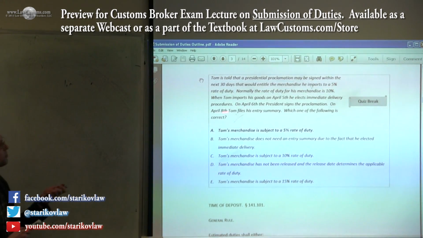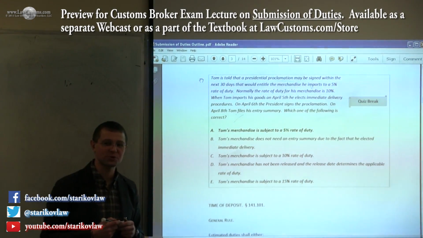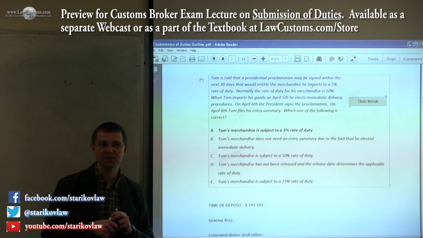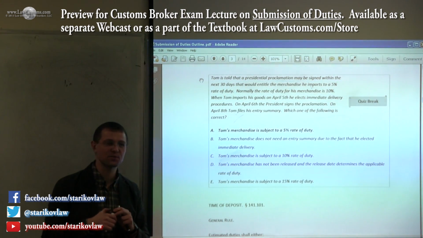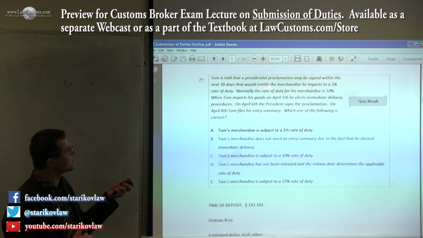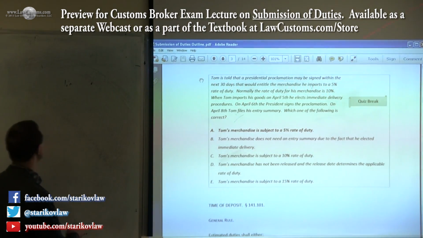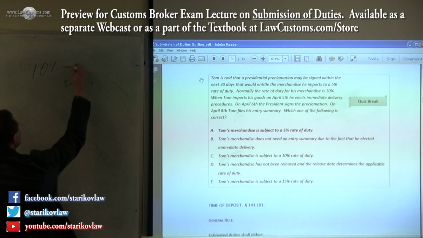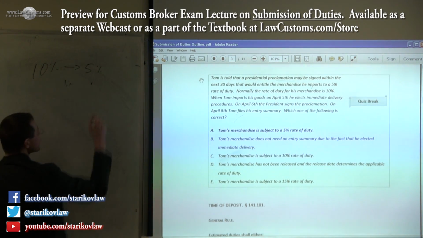So presidential proclamation is not really an executive order, because I think there is a different wording for that, but it has the equivalent effect. So the president says that within the next 30 days the merchandise would go down from 10% to 5%. 10% now will go to 5%.